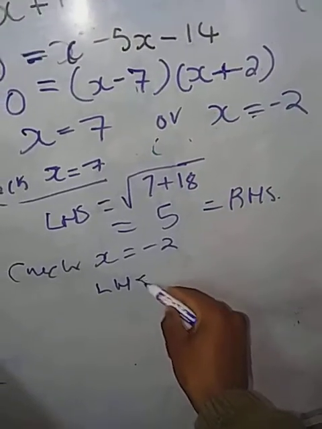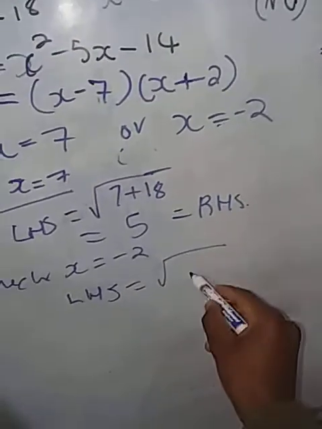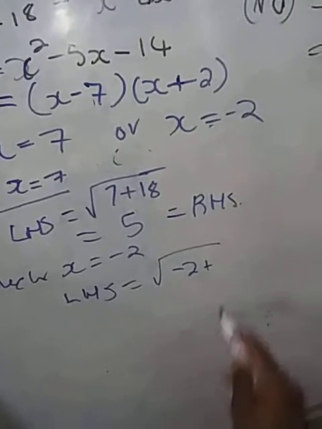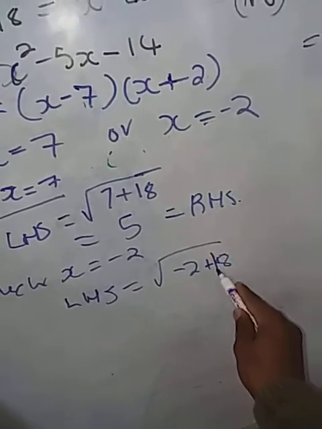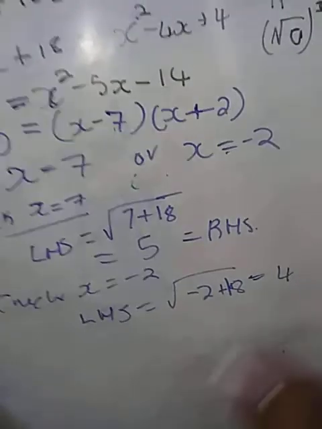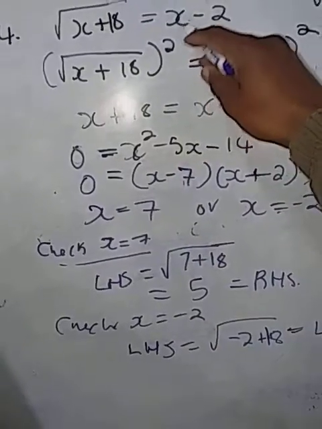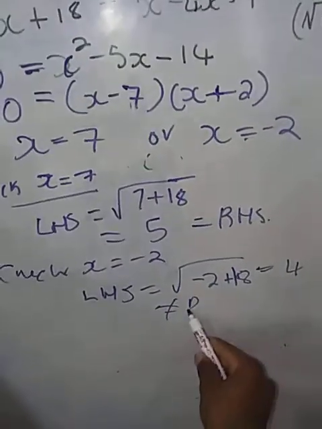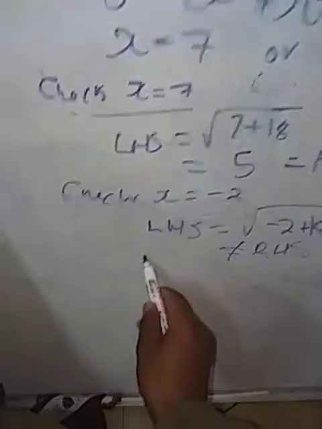Therefore, you're going to have negative 2 plus 18, and negative 2 plus 18 is equal to 16, and the square root of 16 is equal to 4. And if you put negative 2 and minus 2, you're going to get negative 4. Then this one is not equal to the right hand side.